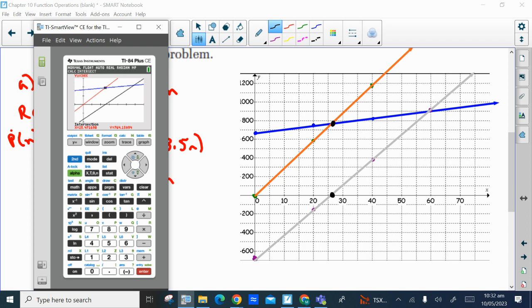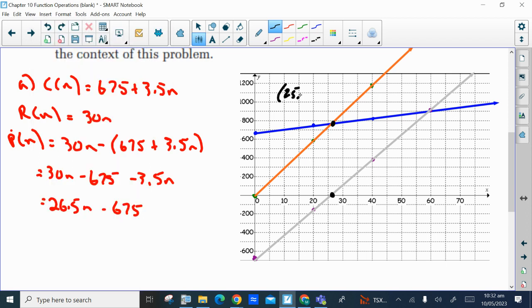You'd have to round that up to 26. Right? But our point of intersection is the point 25.47 comma 764, which once again, we have to round the n value up to 26.